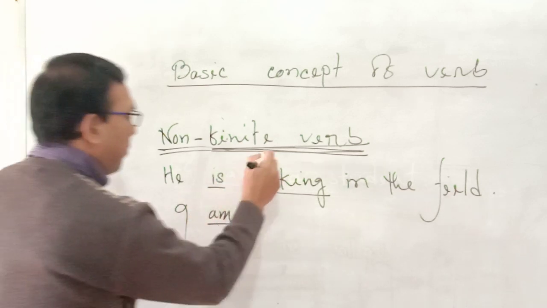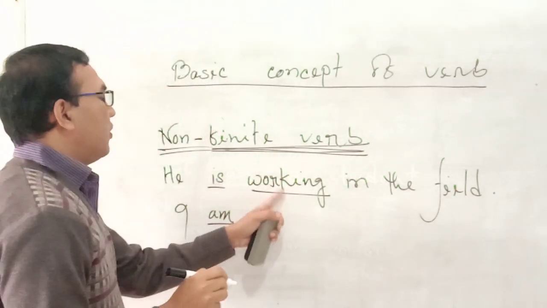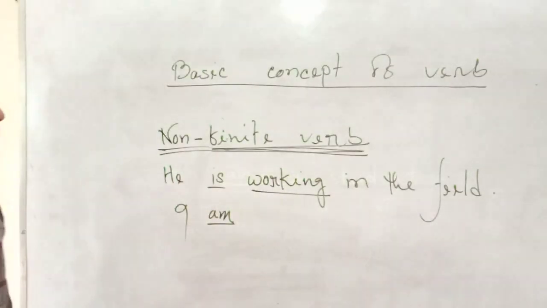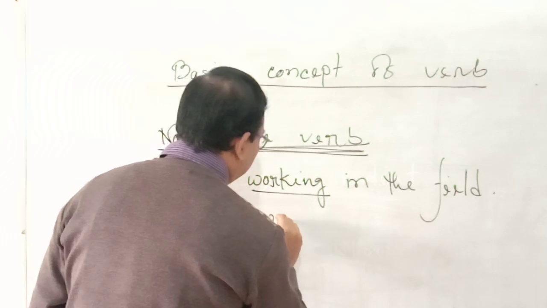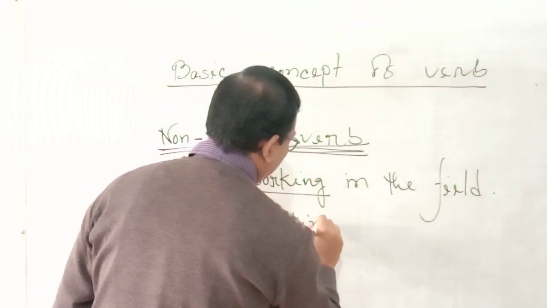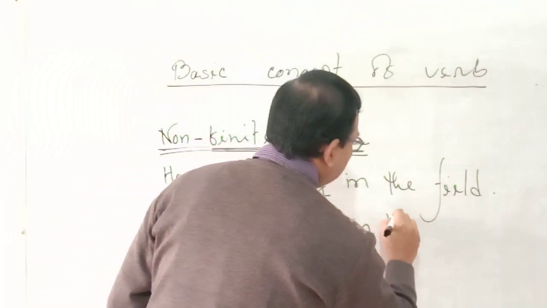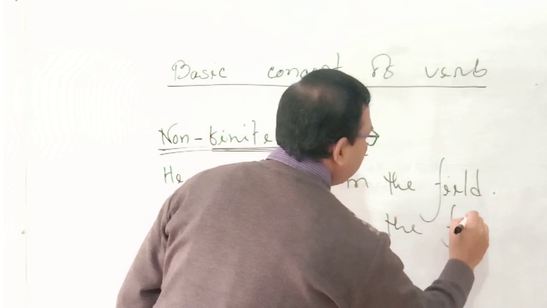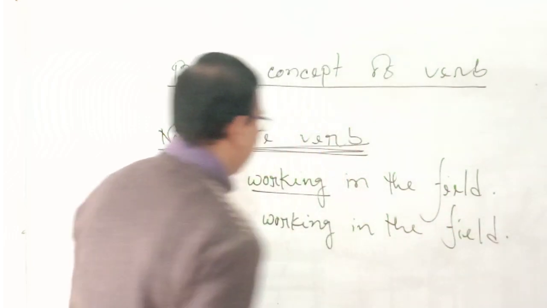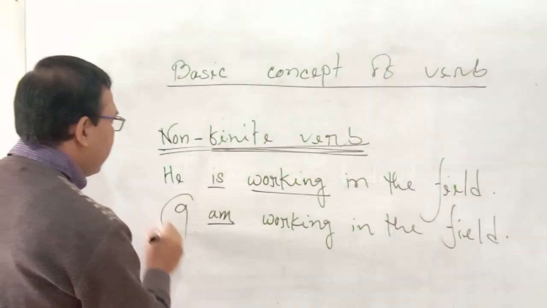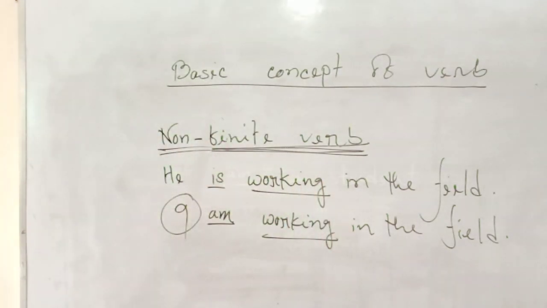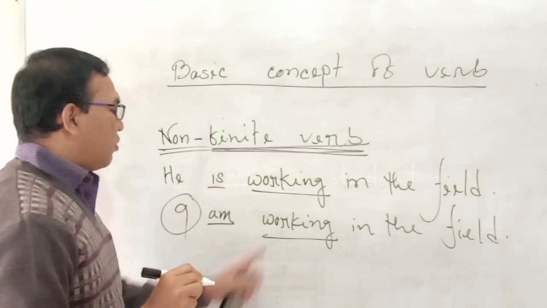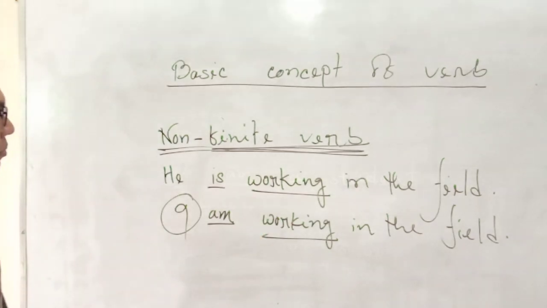But the word working remains the same. This word doesn't change. I am working in the field. Here, with the change of subject, this verb doesn't change. This verb remains the same.